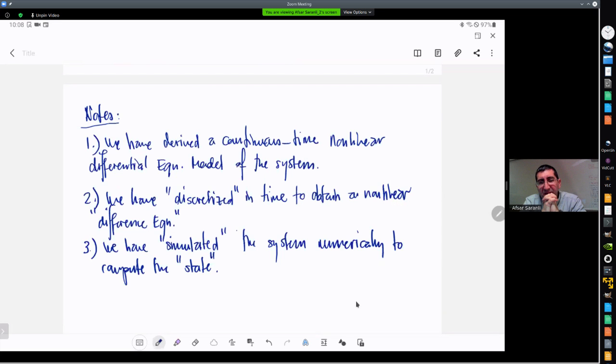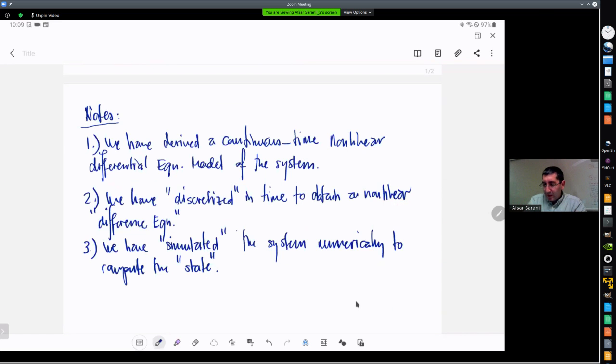So the derivative is the limit of the difference divided by the interval as the interval goes to zero, correct? So as we make the interval smaller and smaller, we have a better and better approximation to the derivative operation. And that means the accuracy of the discretized version improves in terms of it approaching the continuous time equation.